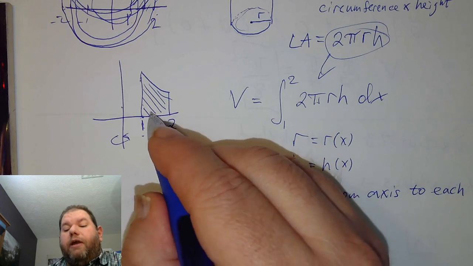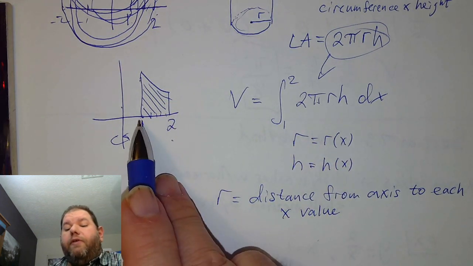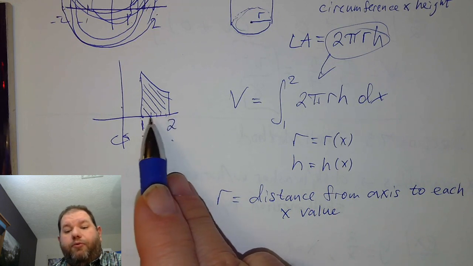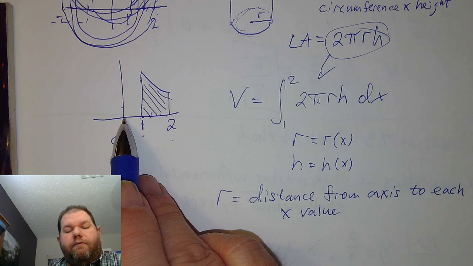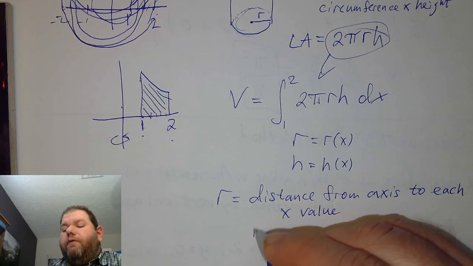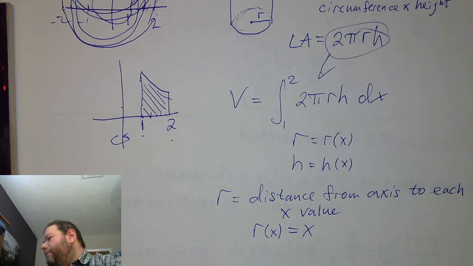But basically we get all the values in between also. Whatever the x value is for each of these points, that's how far we are from the axis of revolution. So r of x in this case is just equal to x.